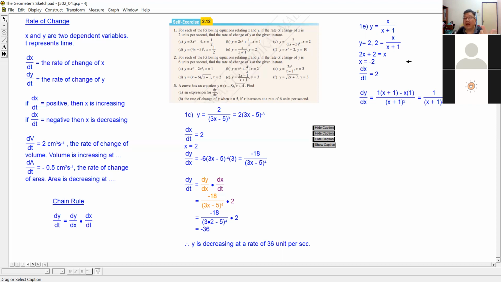One more that you need to prepare is dy/dx. To find dy/dx, you have to differentiate y with respect to x using the quotient rule. Can you still remember the quotient rule or not? Differentiate the top, keep the bottom, then differentiate the bottom, we get 1, then divide by the bottom squared.